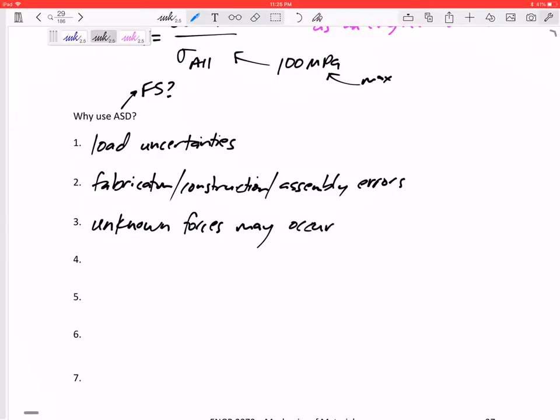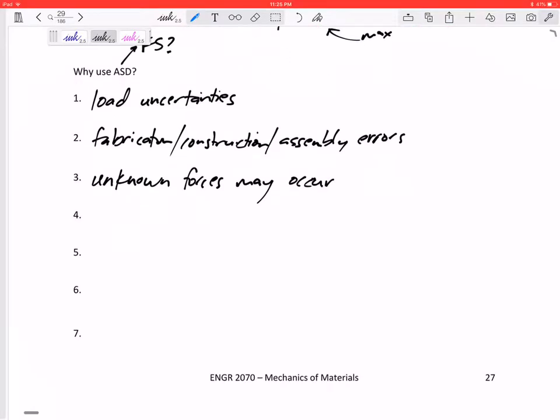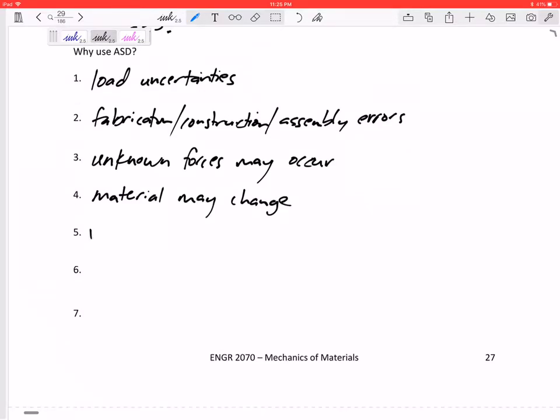Maybe you didn't account for some force that is happening in your system. The material may change over time. You might have a variability of material properties.